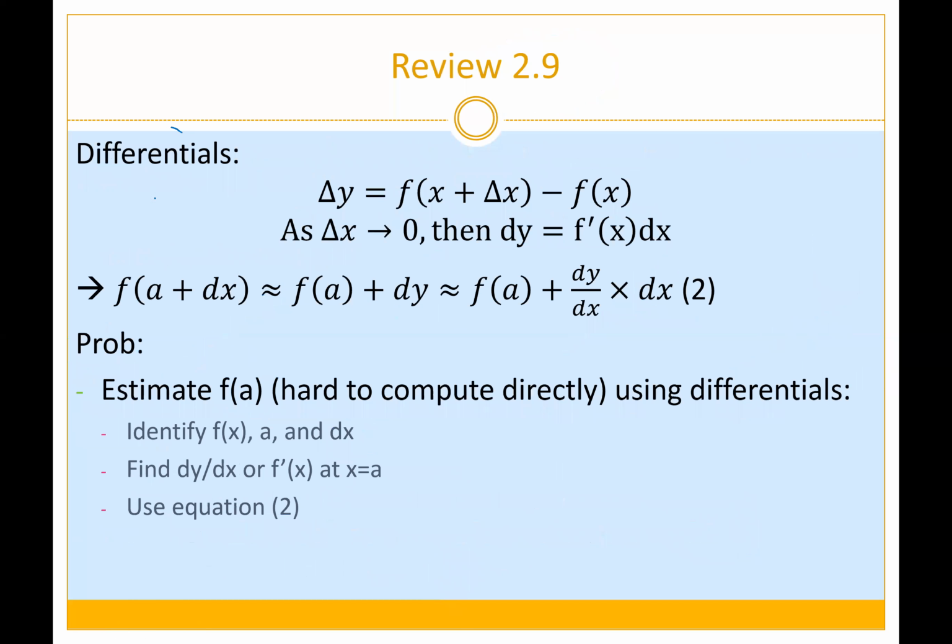We still have differentials. A differential is another way to represent the linear approximation. Say you have a graph, the same thing, but instead of just doing the tangent, now you're letting this point get really close to the point that we have.